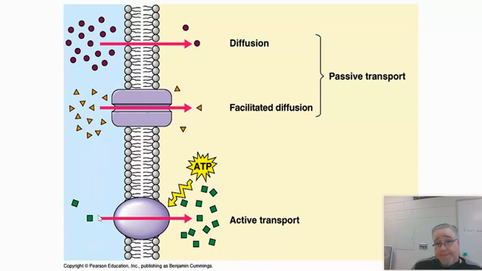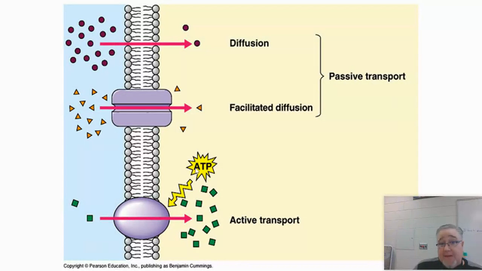Now, down here, we have a third substance, and you'll notice that it's in a much lower concentration over here than it is over here. So if it's moving from low to high, automatically that's active transport. This is moving upstream, it's going against the current.